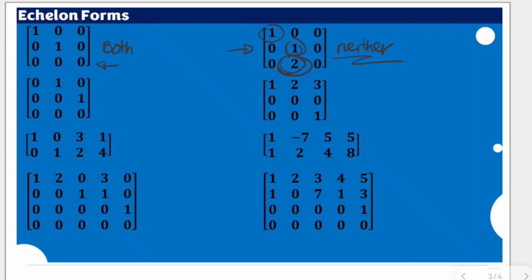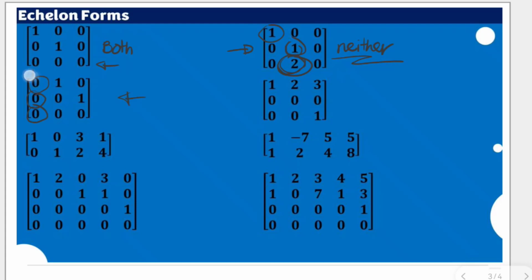Okay, going back to this 3x3 matrix here, we have the first column which is all 0. If we look at it as a linear system, this means that we have no variables in this specific column.